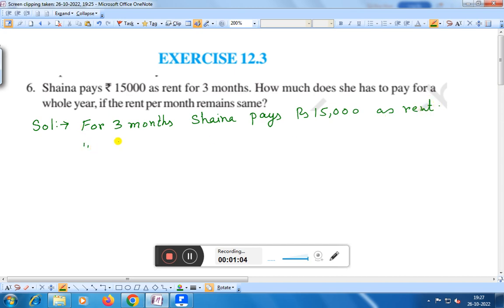Therefore, for 1 month, Saina pays rupees 15,000 by 3 as rent.